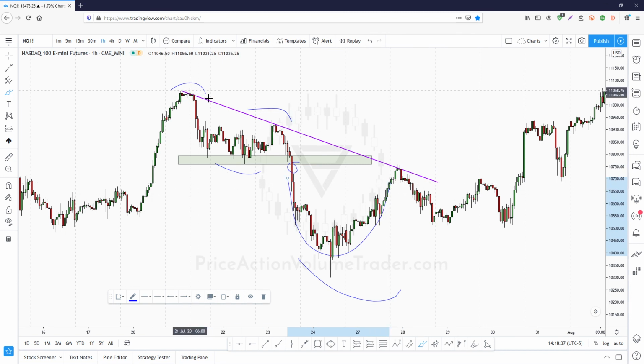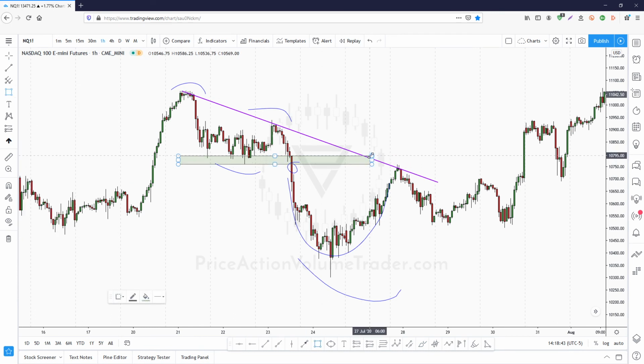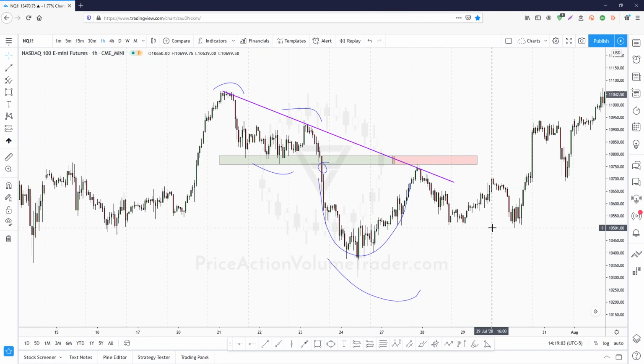We have the confluence of a trend line and now this old support level, and we just expect it to be resistance right there. We can see we come back, a perfect test of it, and we just pull away.